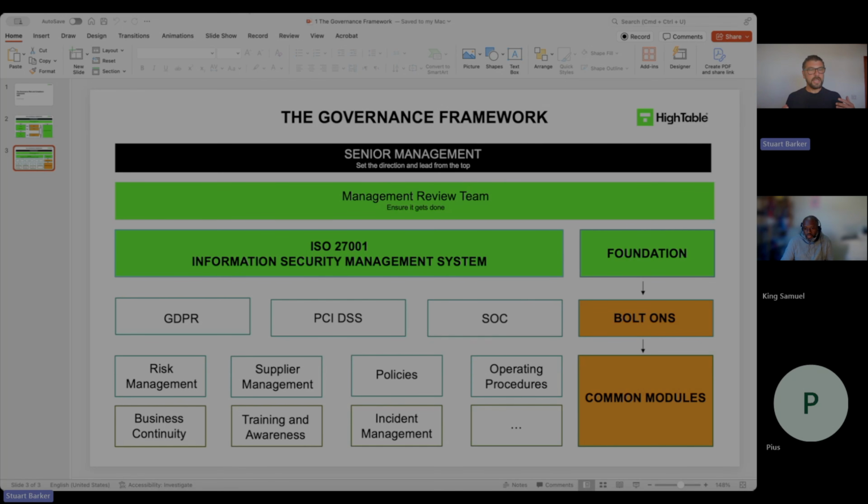What we're then doing is bolting on the modules of the standards that you have experience of already, be that SOC, be that GDPR, whatever data protection within your jurisdiction, be that PCI DSS. There are new standards coming, right? Is it 27,000 and I don't know, 2 cloud? I should be up on these, I'm not. But there's a new one, the privacy one landed a year or two back. There's a new cloud one.